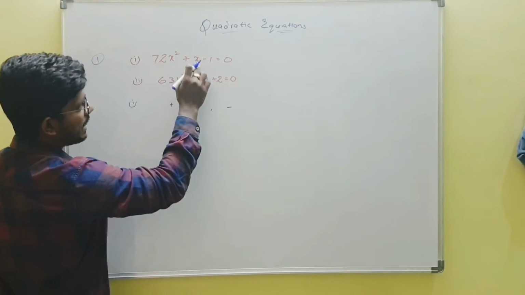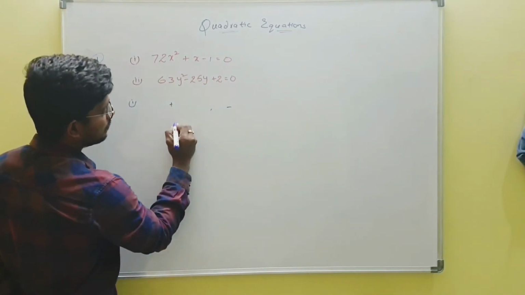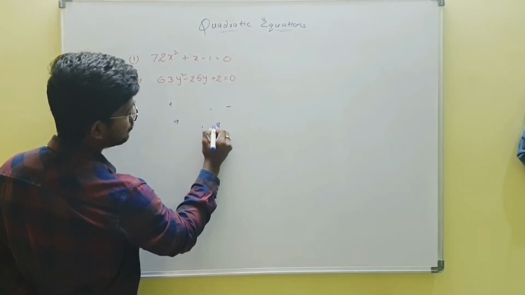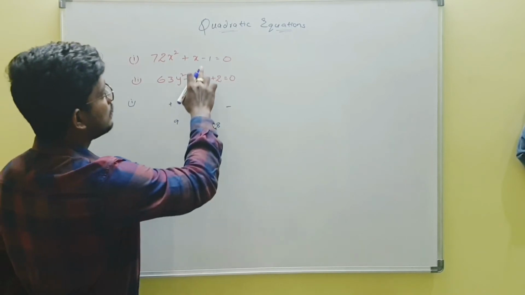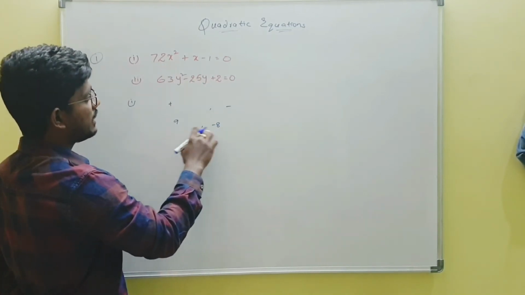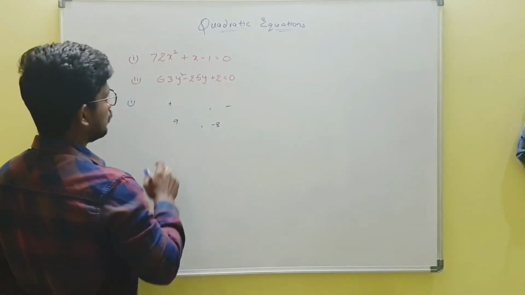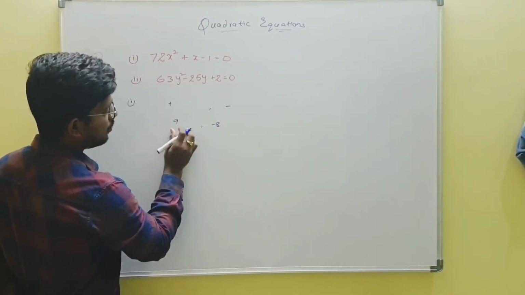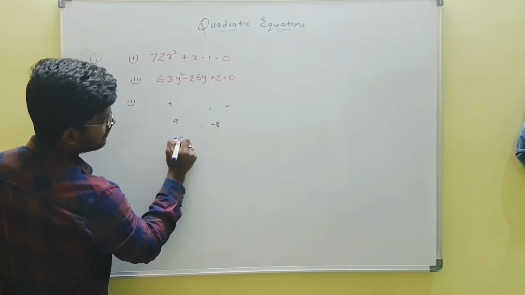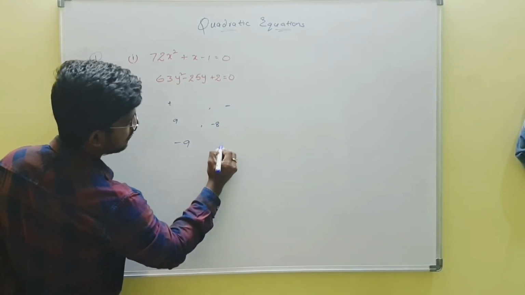So I will take plus 9x minus 8x, such that the product will be equals to 72x square and difference will be equals to x. So after taking them, now I have to reverse the symbols. So I get minus 9 plus 8.